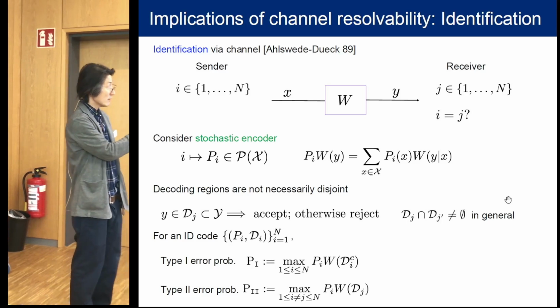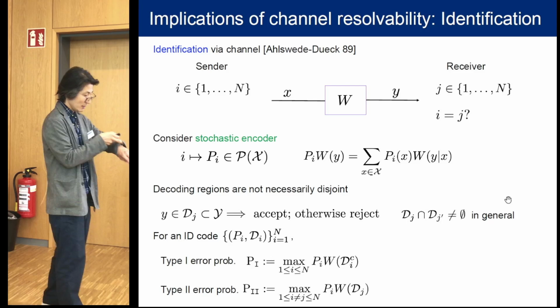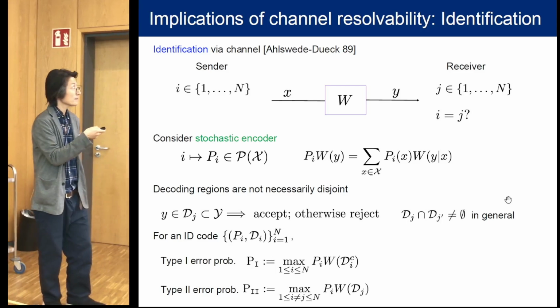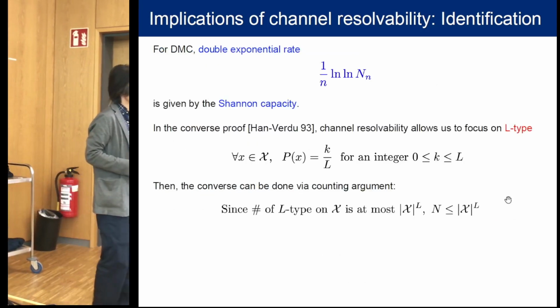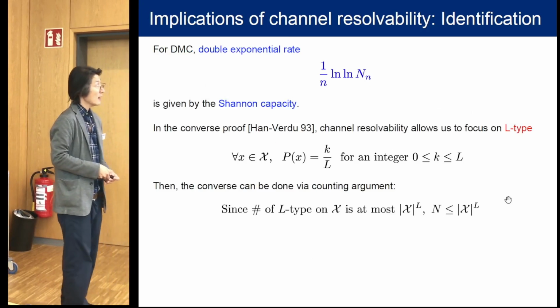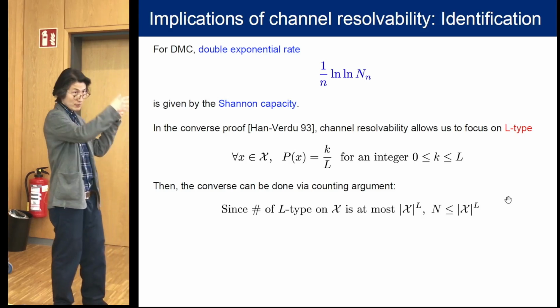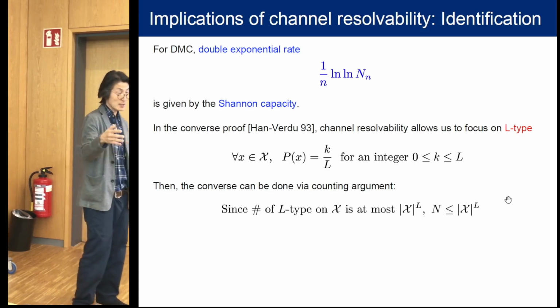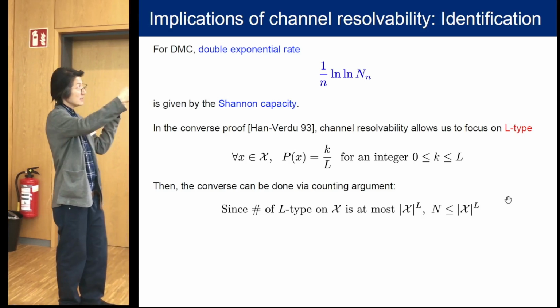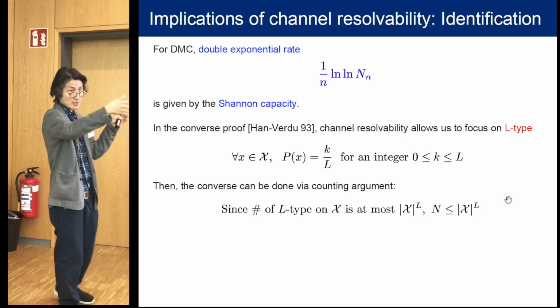And we can define type 1 error probability and type 2 error probability for this problem. And for discrete memoryless channel setting, for the standard channel coding problem, if we use channel n times and capacity is C, we can send nC bit message.